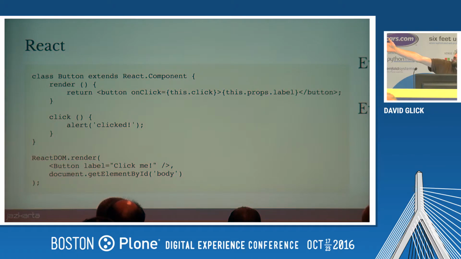It's got a render function that's going to render an HTML button. It uses this.props.label, so that's a property that was passed in. It's got an onClick handler that's going to call that click function down there. And then down at the bottom here, we're actually attaching this into the page and saying, let's create a button with a label click me and replace the body with it. So this is what React looks like.